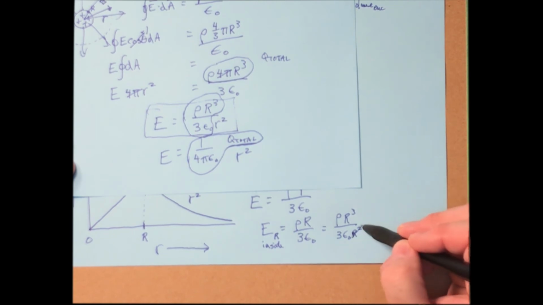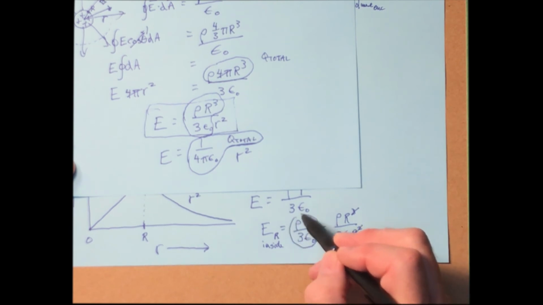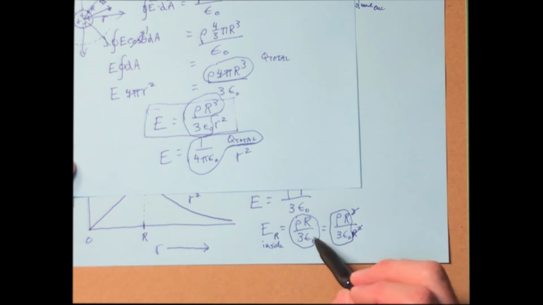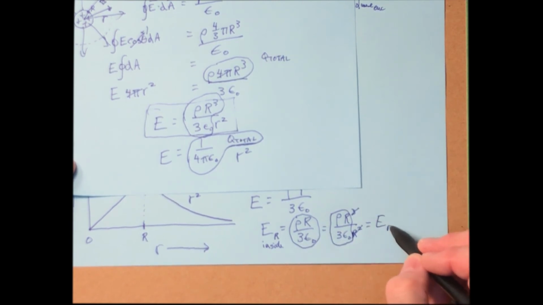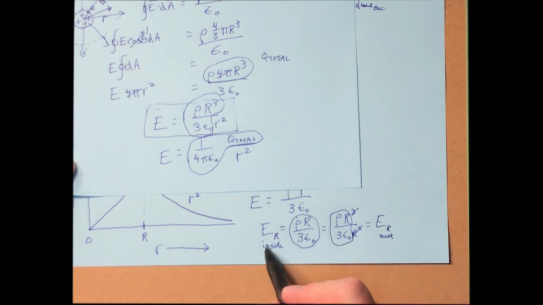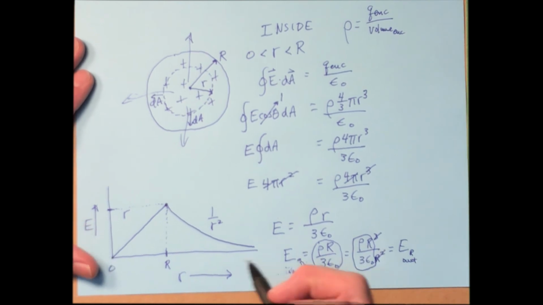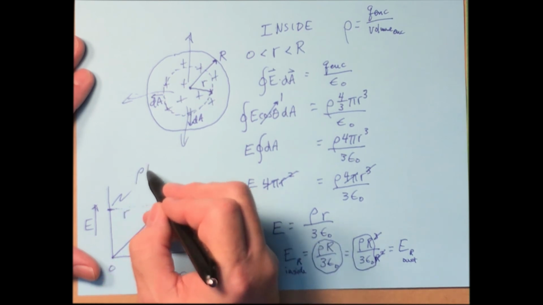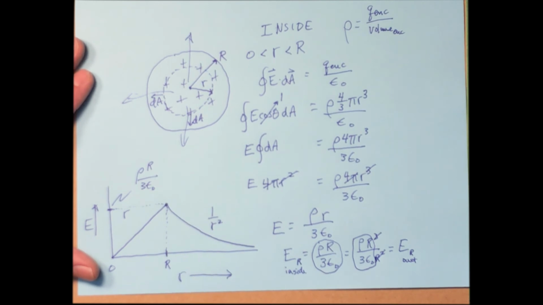So these R's will cancel, and now you can see this and this are the same value at that point. So what is E? Well, that's E sub R on the outside. It's also E sub R on the inside. So I can just write that here. That value of E at that point right there is just rho big R over 3 epsilon naught.